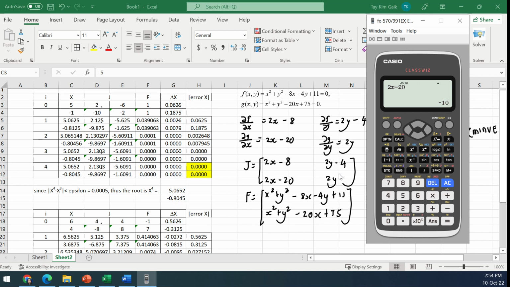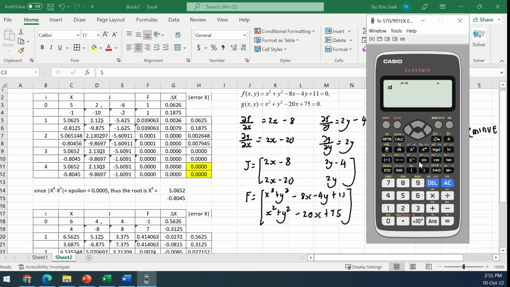Okay, later input this one, 2y. Calculate, so y already -1, you accept, just equal, you obtain -2. And then calculate function f and function g.